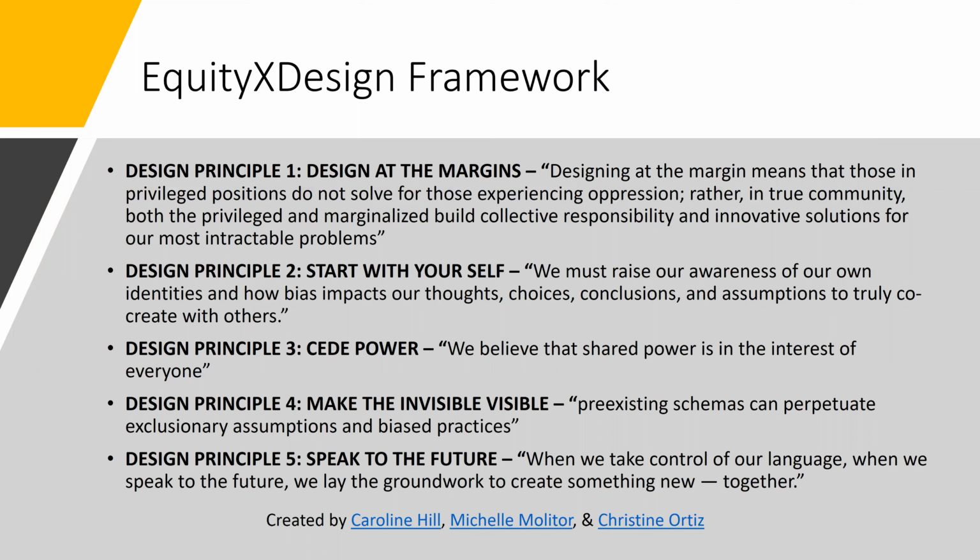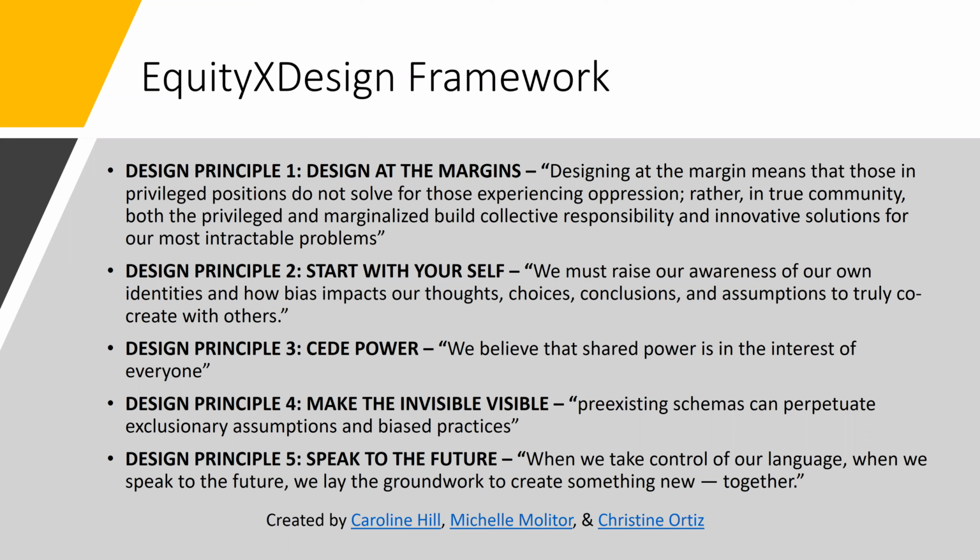So the design principle 1 that they have is design at the margins. And so they say designing at the margin means that those in privileged positions do not solve for those experiencing oppression. Rather, in true community, both the privileged and marginalized build collective responsibility and innovative solutions for our most intractable problems.